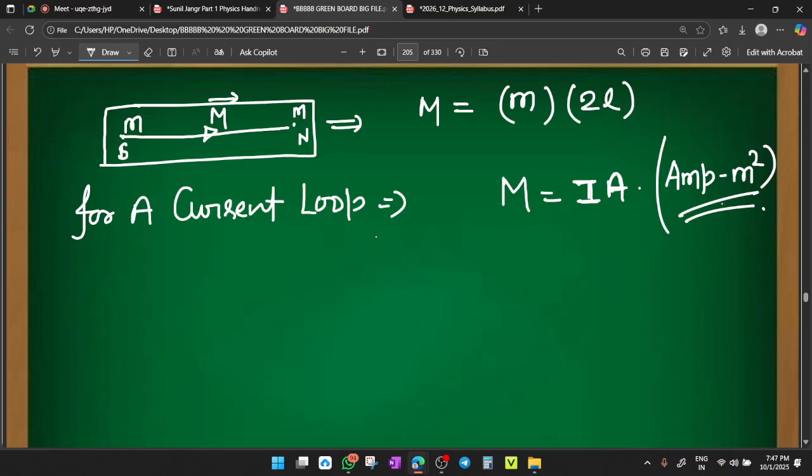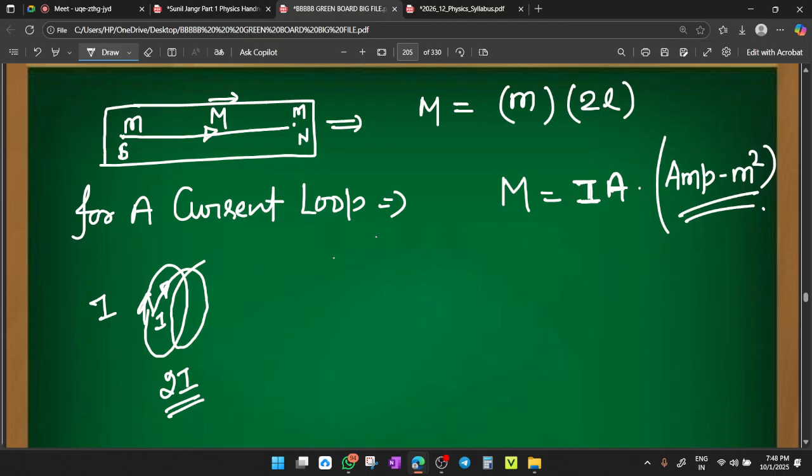Clear? Now, as the current loop can have many turns, if there is only 1 turn in a loop, it will carry a current I. But if it contains 2 turns, then the current will be twice of I, right?